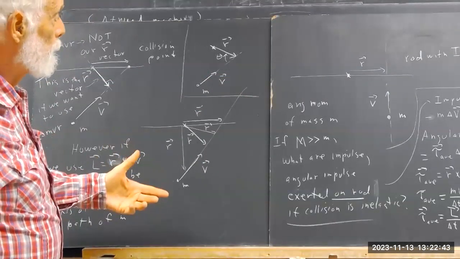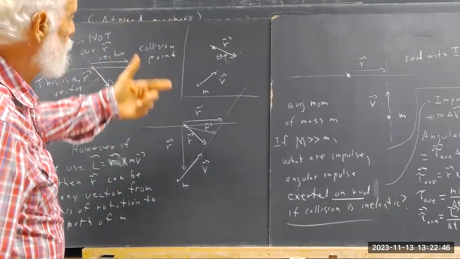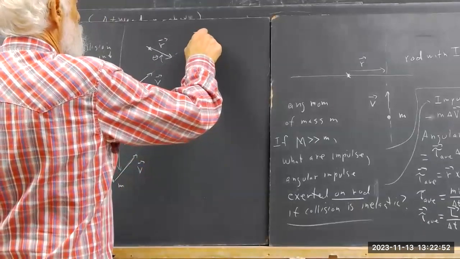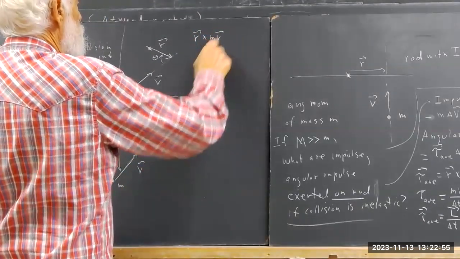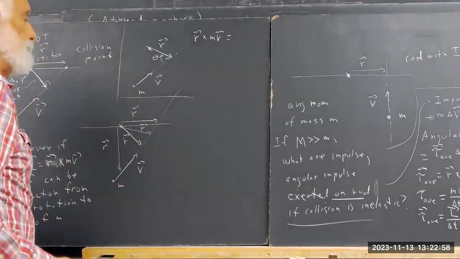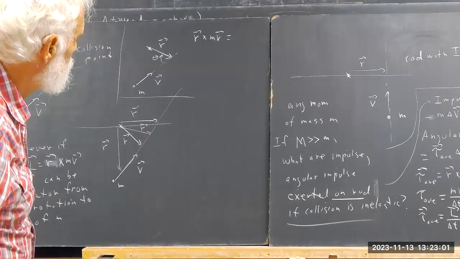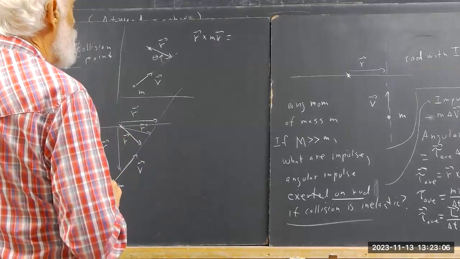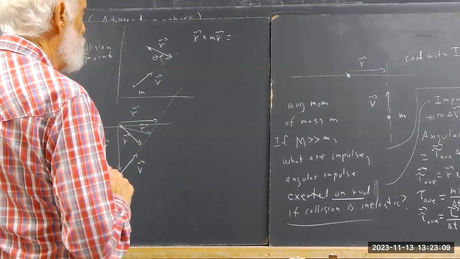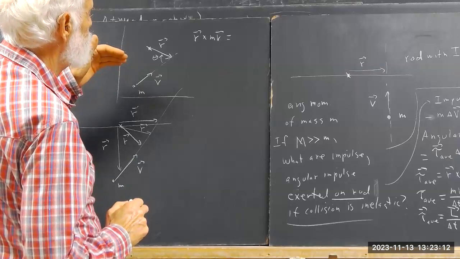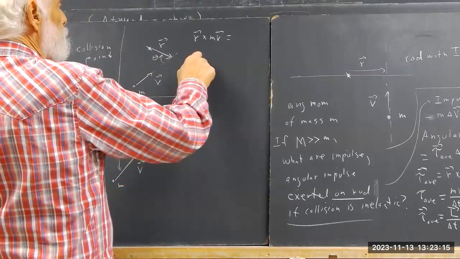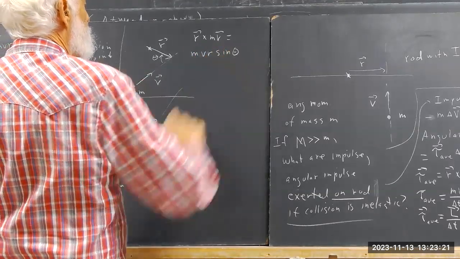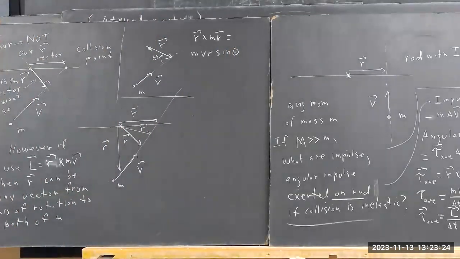So what's your expression for R cross MV? Well, R cross MV is going to equal MVR sine theta.